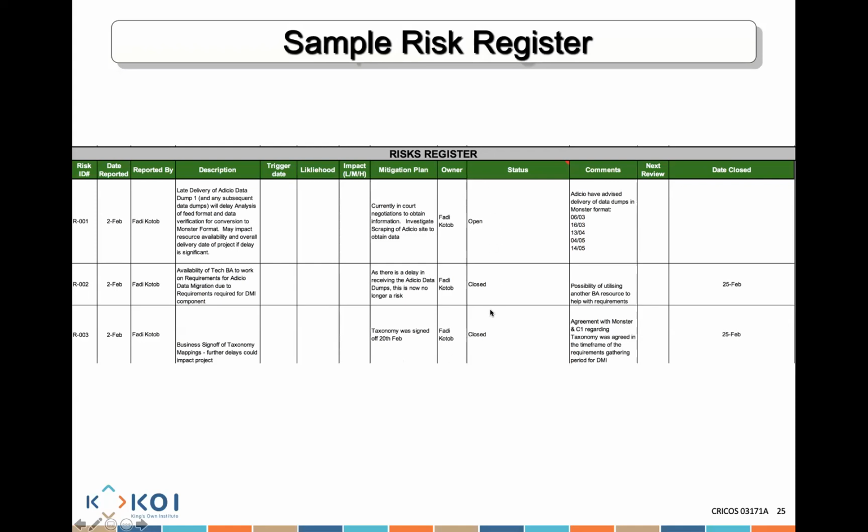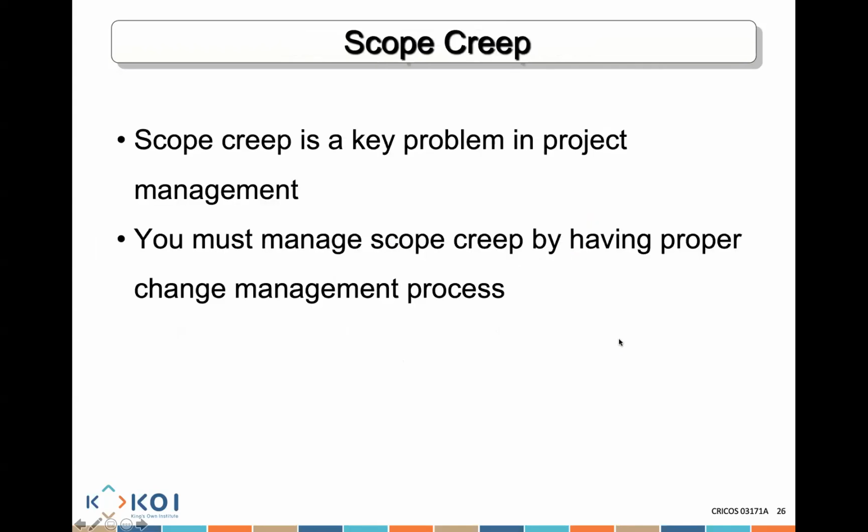You might also say what's the status. You might even add a contingency plan if a risk does occur. Any other comments? What's the next review date? Whether a particular risk was closed. A format like this is something that might be useful to use for your assignment.